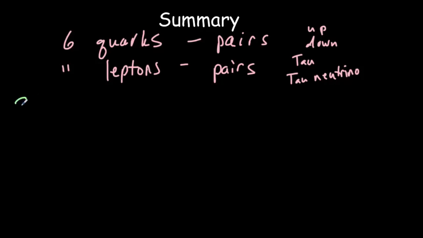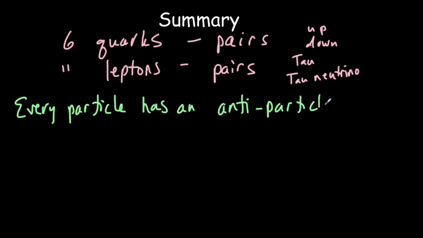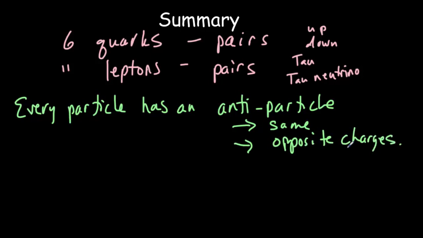We said that every particle has an antiparticle. And that antiparticle is going to have the same mass, but opposite charges. So when I say opposite charges, I'm including the electric charge, but it turns out there's some other types of charge, such as the color charge.